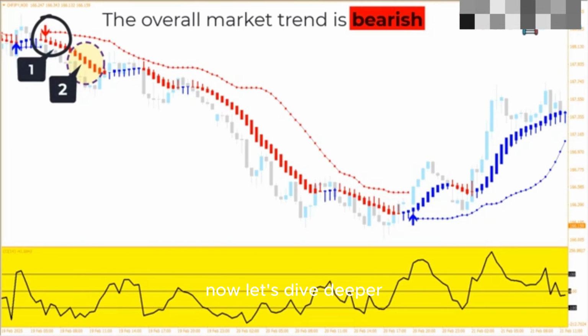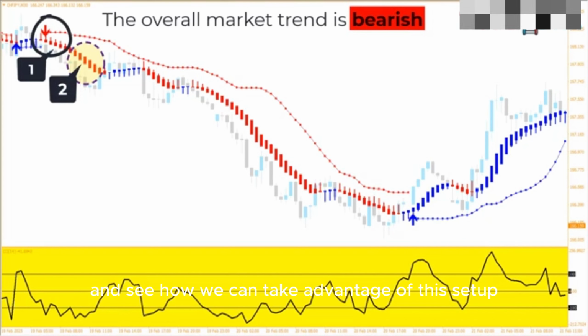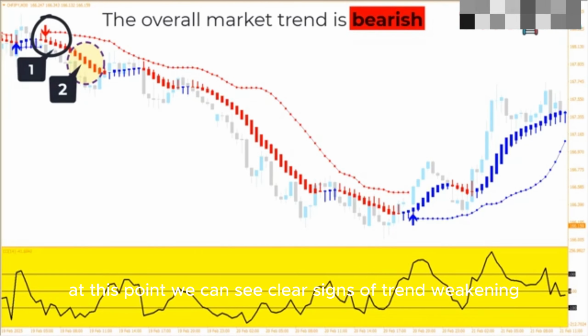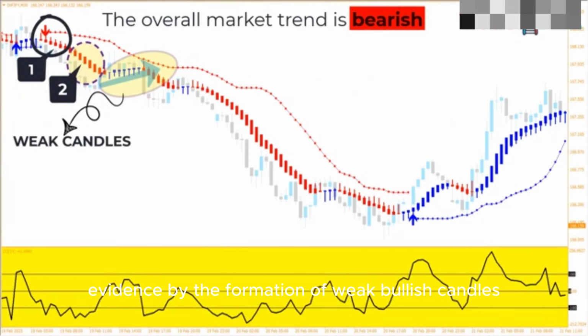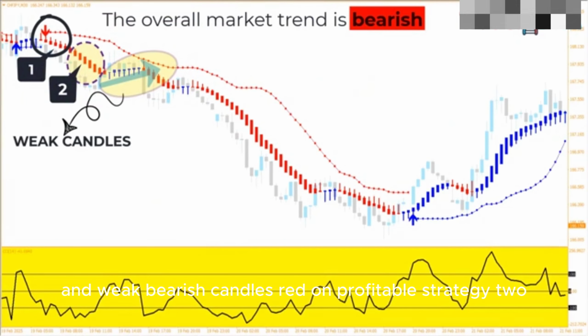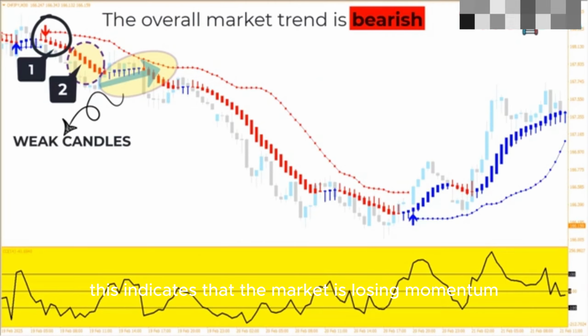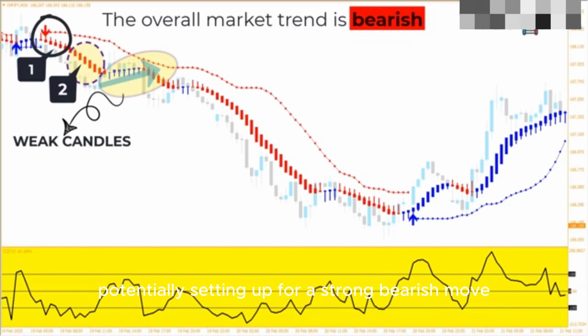Now let's dive deeper and see how we can take advantage of this setup for a high probability trade. At this point, we can see clear signs of trend weakening, evidenced by the formation of weak bullish candles and weak bearish candles (red) on profitable strategy 2. This indicates that the market is losing momentum, potentially setting up for a strong bearish move.